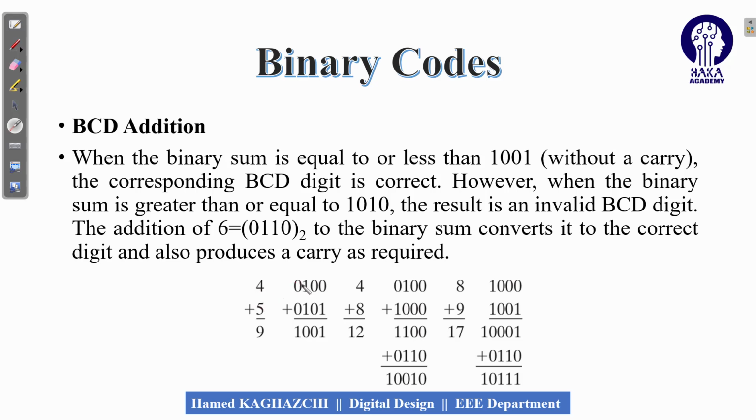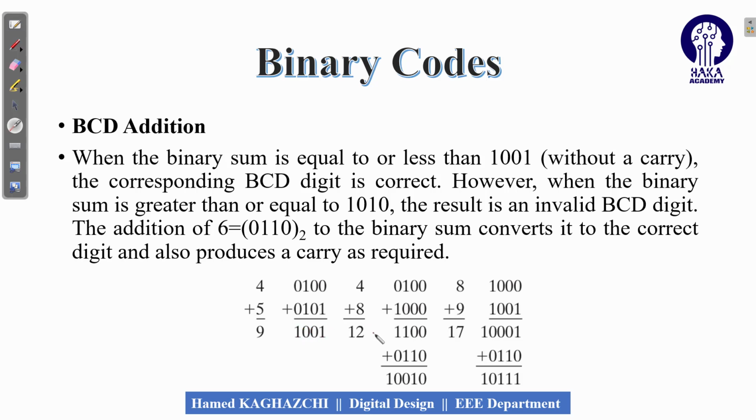The corresponding BCD of 4 is 0100. And the corresponding BCD of 5 is 0101. Now, if I add these two numbers together, 0 plus 1, 1, 0 plus 0, 0, 1 plus 1 is 0, 1, 1, 0, 0 is 1. Now, if you look at the 1001, it means that this is equal to 9, which is less than or equal to 9. It's okay. We don't have any problem. This is the BCD summation.